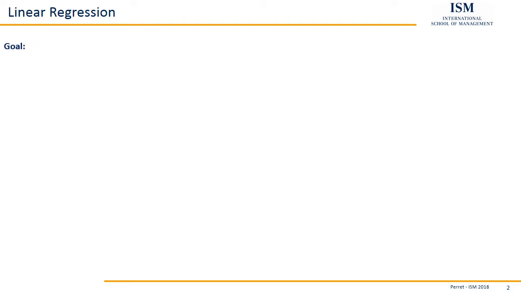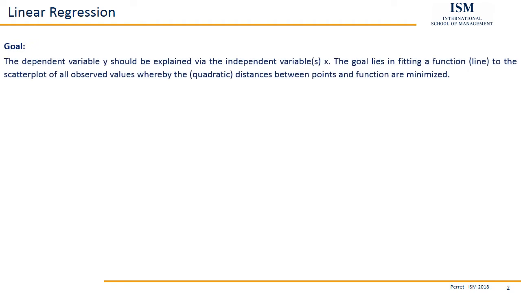When we start, we have one main goal with linear regression. This can be formulated as follows. We have a dependent variable y, and we want to explain this dependent variable via one or more independent variables x. Here in this case, we only consider the situation where we only have one single independent variable.